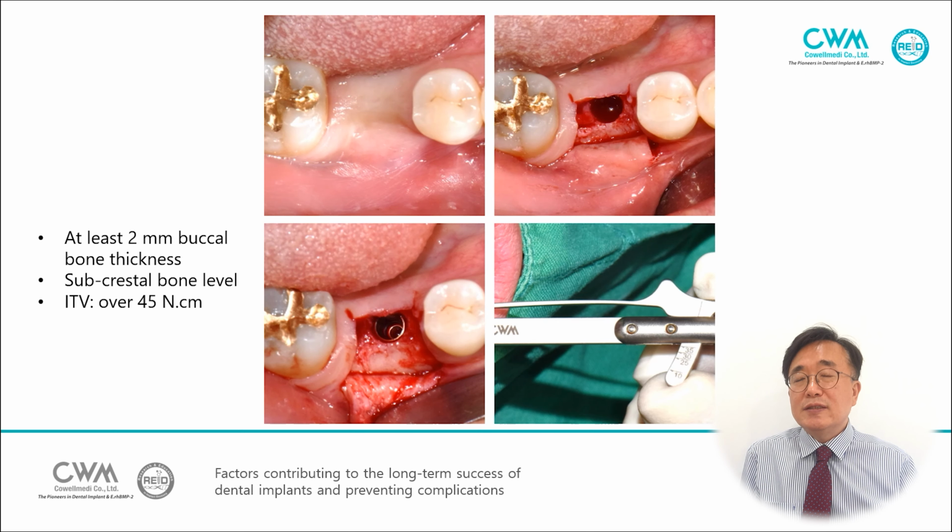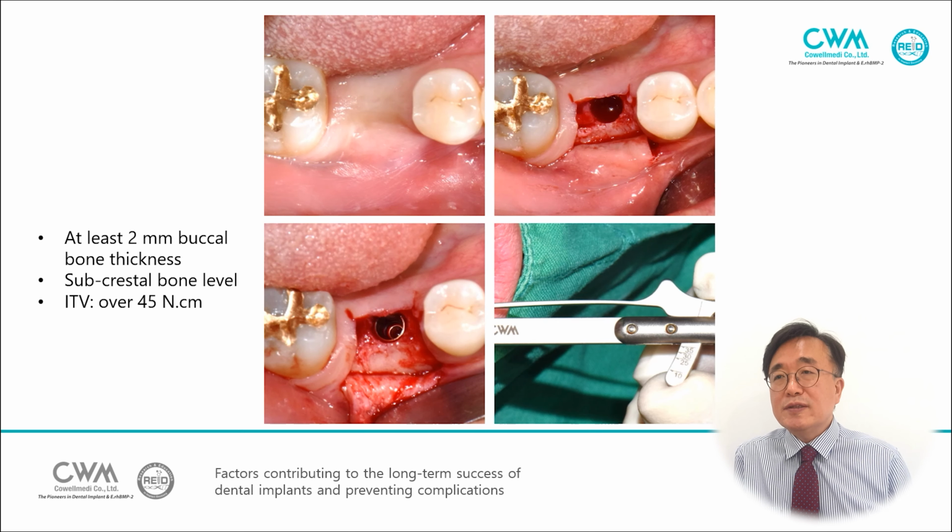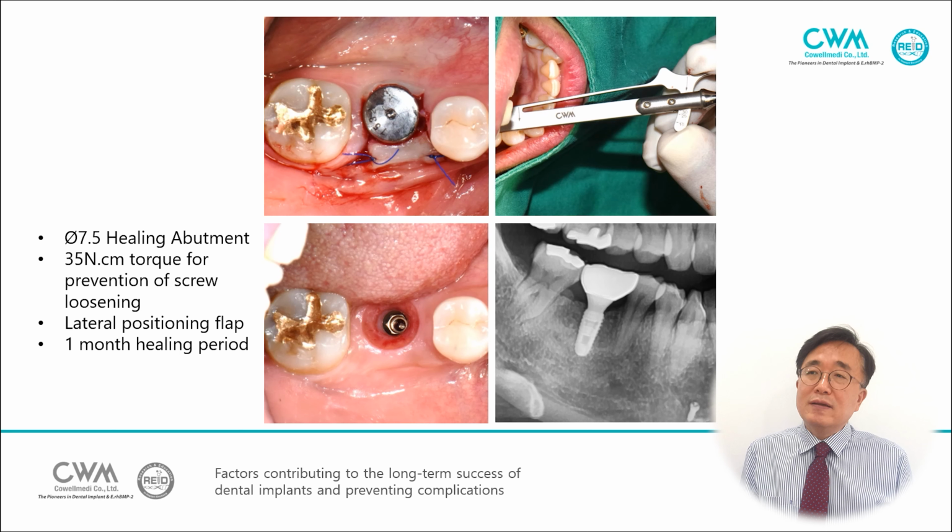The implant is placed at the sub-crestal level, and the initial torque value was over 45 Newton centimeter, and the 7.5 healing abutment is fixed with 35 Newton centimeter torque to prevent screw loosening, and the flap is fixed with a lateral position flap.